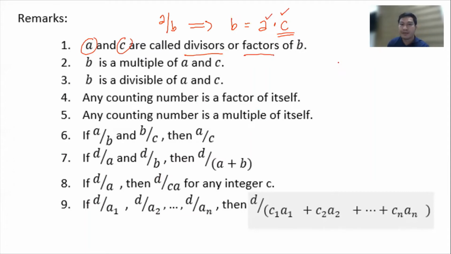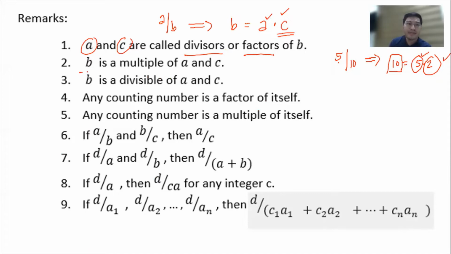For example, if we have 5 divides 10, that is just 10 is equal to 5 times 2, meaning if we have 10, its divisors or factors are 5 and 2.